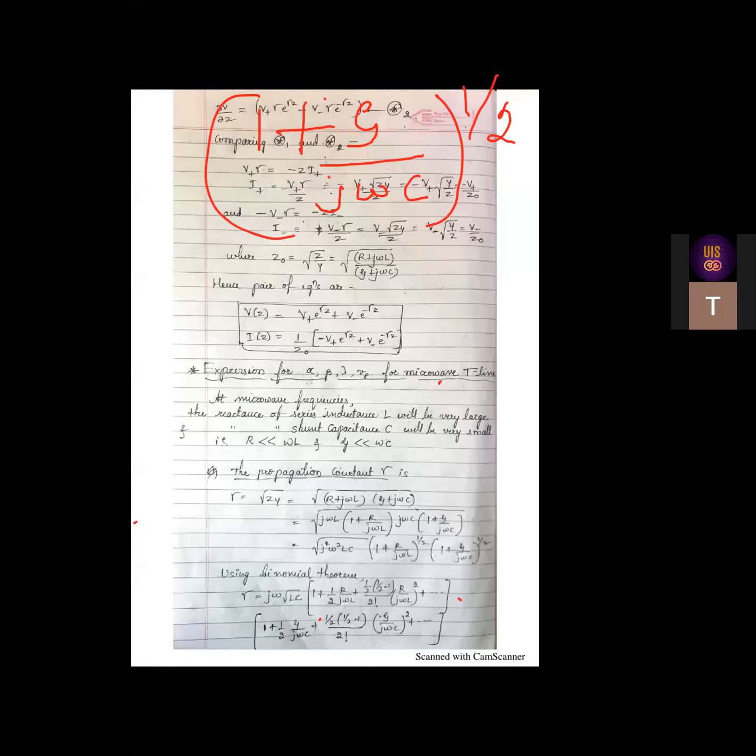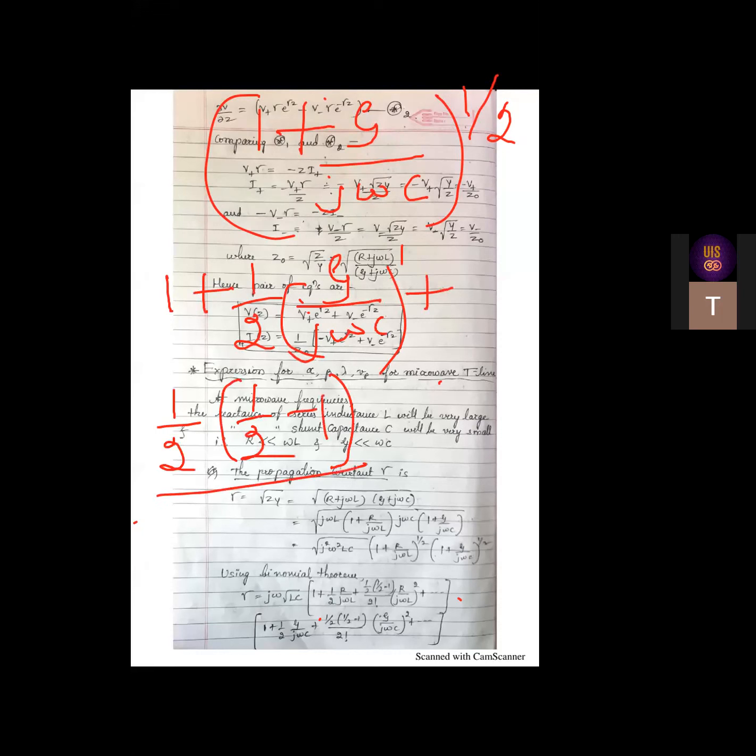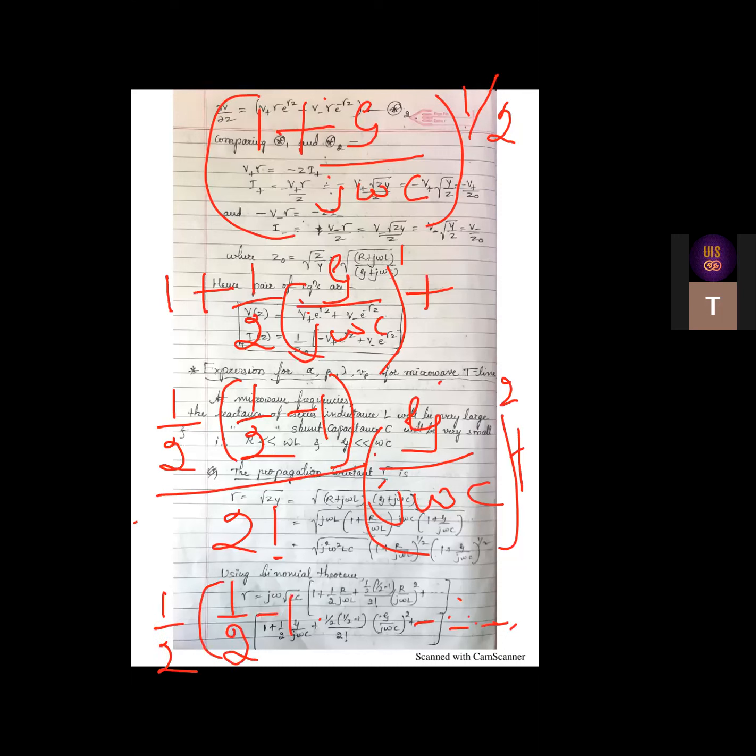Expanding, the first term is 1, the second term is n into g by j omega c raised to 1, plus the next term n into n minus 1 divided by 2 factorial into the second term squared. Further terms, which you can write, are n into n minus 1 into n minus 2 divided by 3 factorial into the second term g by j omega c raised to cube, and so on.